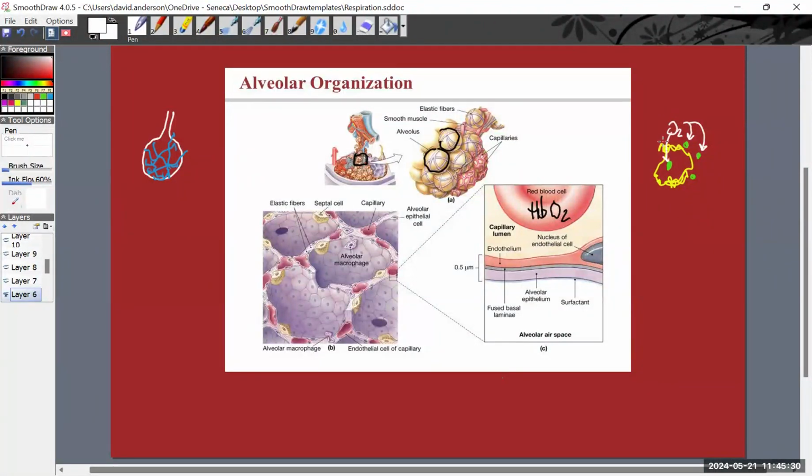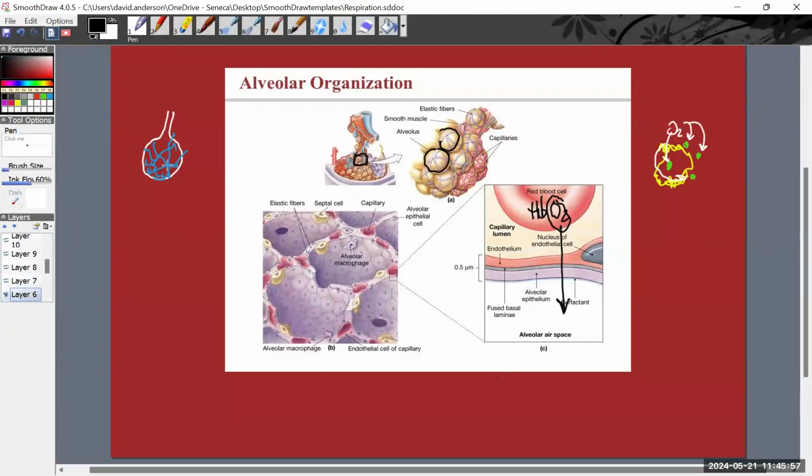That makes hemoglobin described as saturated. That's what makes your blood look bright red. So when oxygen is delivered from the red blood cell into the alveolus, or vice versa, we're getting an exchange.